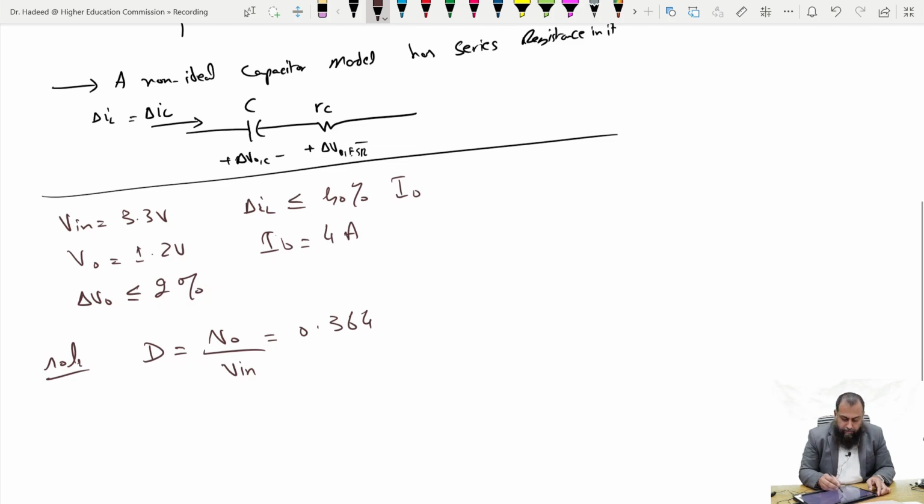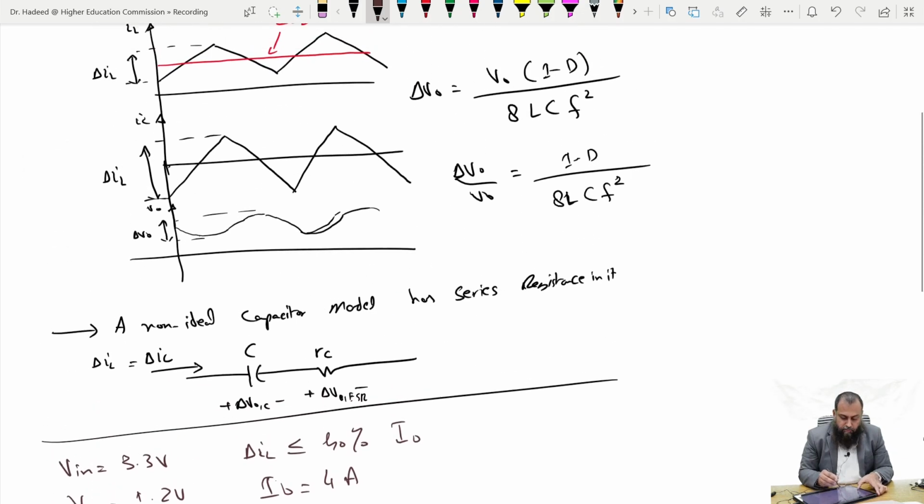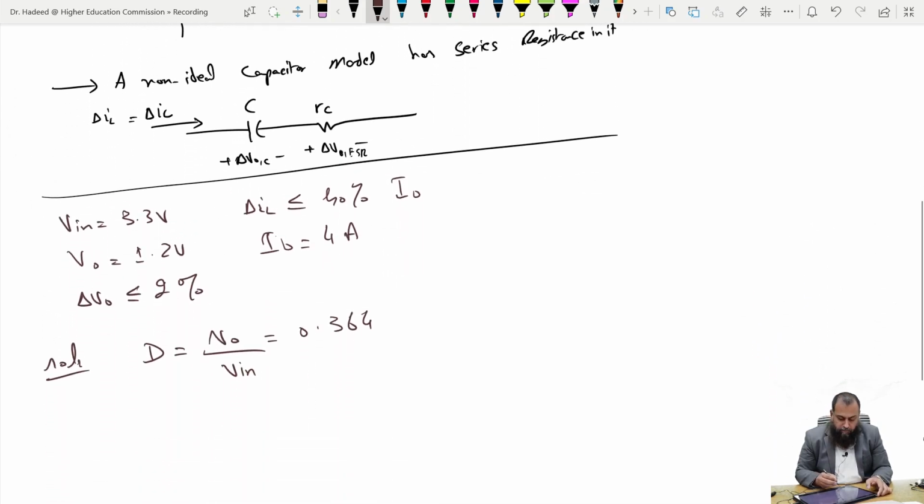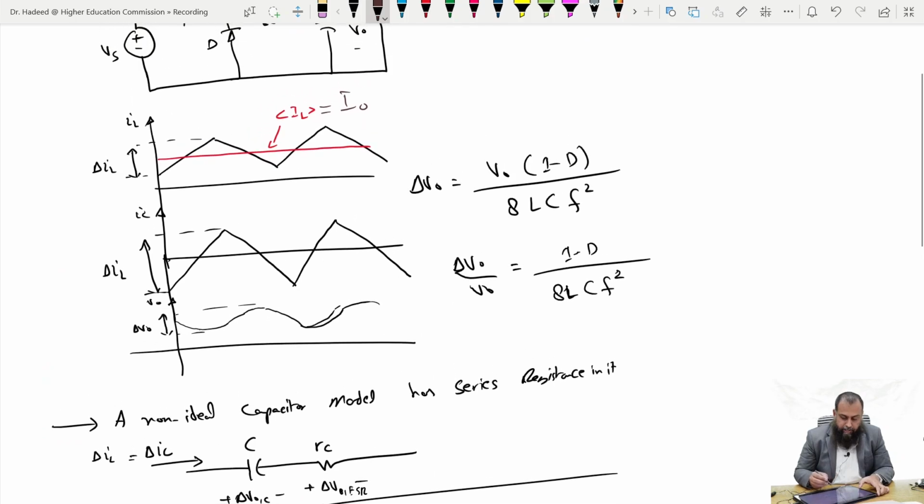We can further identify, because I naught is equal to 4 ampere, and we are assuming that this IL is nothing but this I naught, which is flowing through this resistance, therefore 40% of this 4 ampere will give us 1.6 ampere.